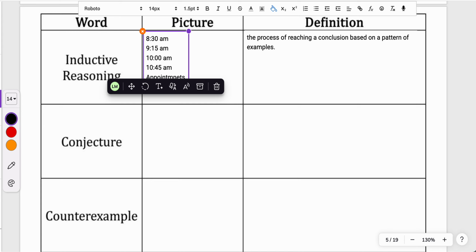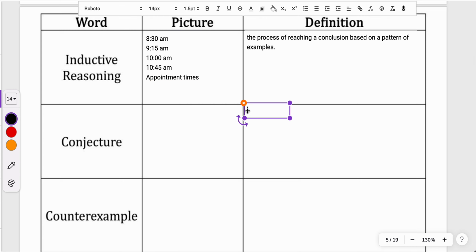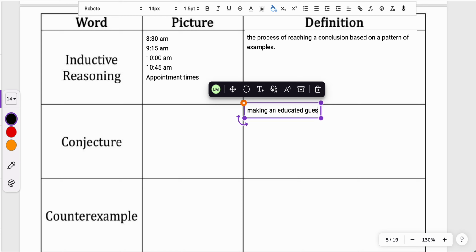And what we can say is a conjecture for the next piece. A conjecture is making an educated guess based on the known information and examples.